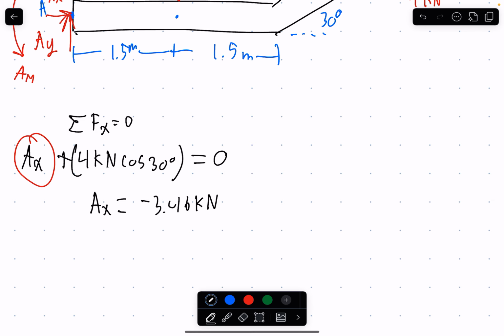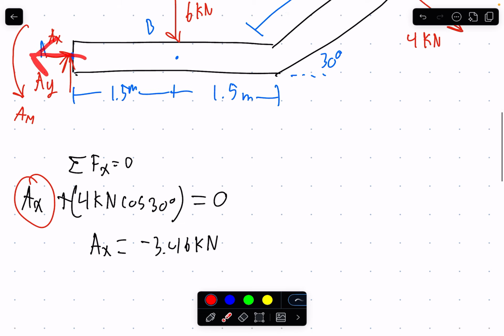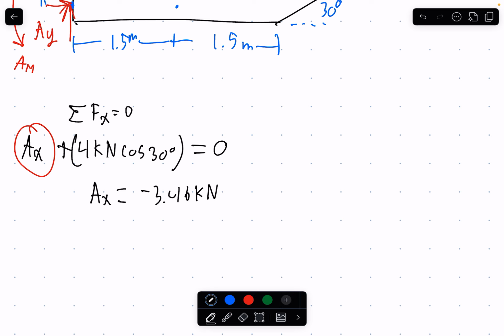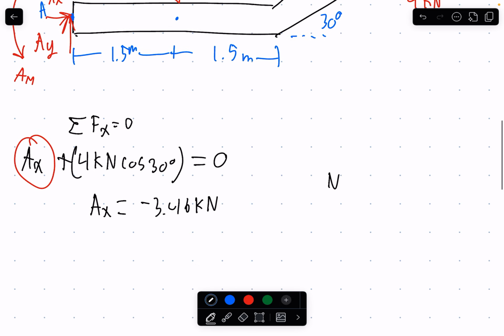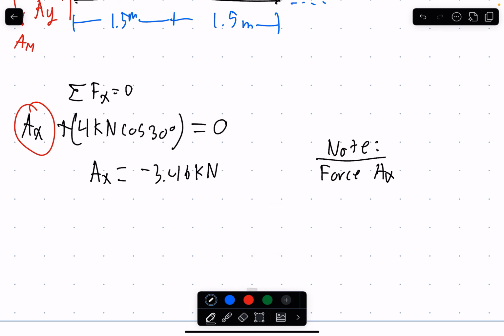So all the negative sign here denotes is that in our free body diagram right here, I wrote the force vector in the wrong direction. AX will actually be acting towards the left right here. It's not a real big problem. Let's write a note: force AX is opposite, the force is in the opposite direction than shown in the free body diagram.